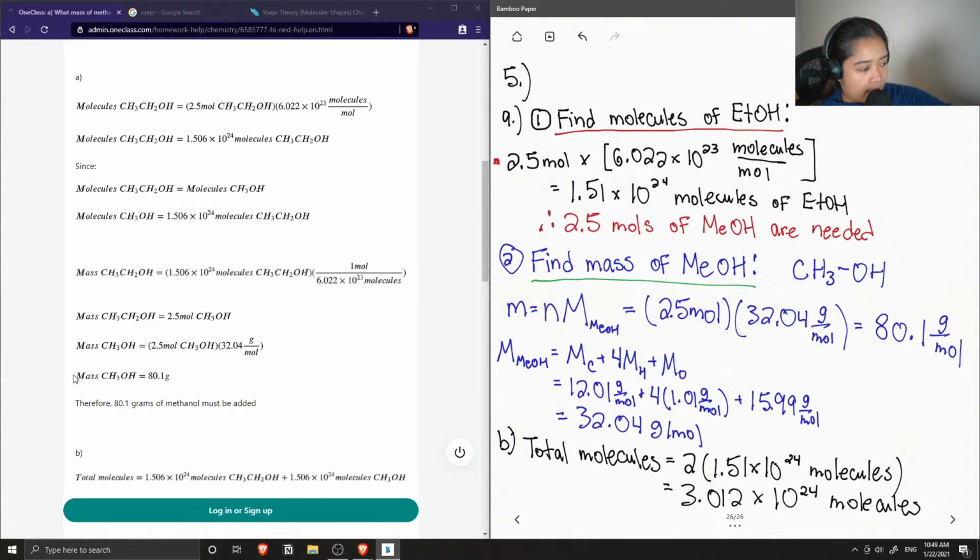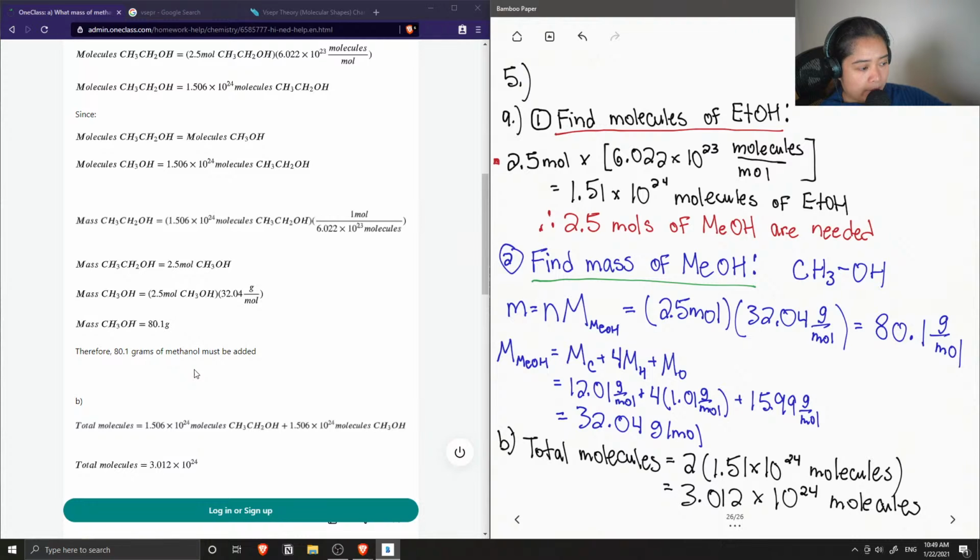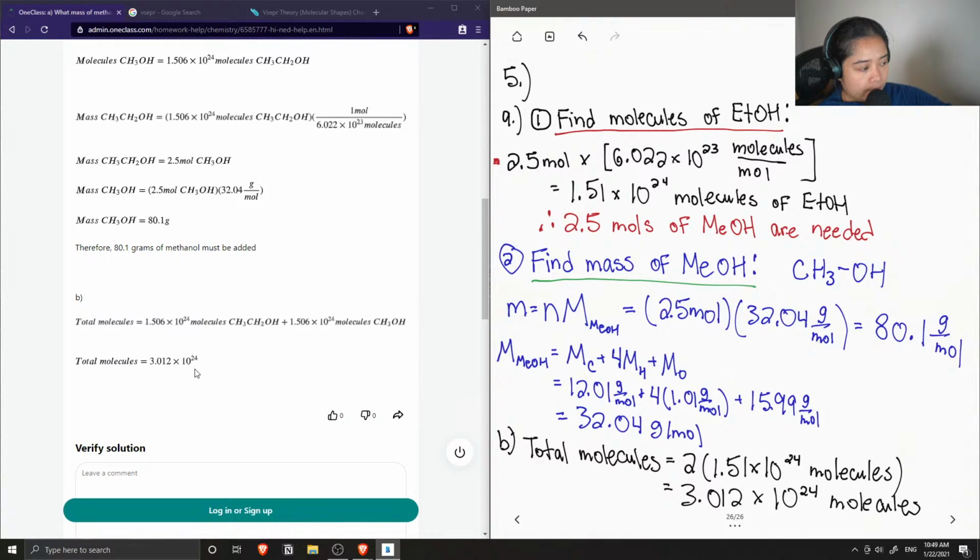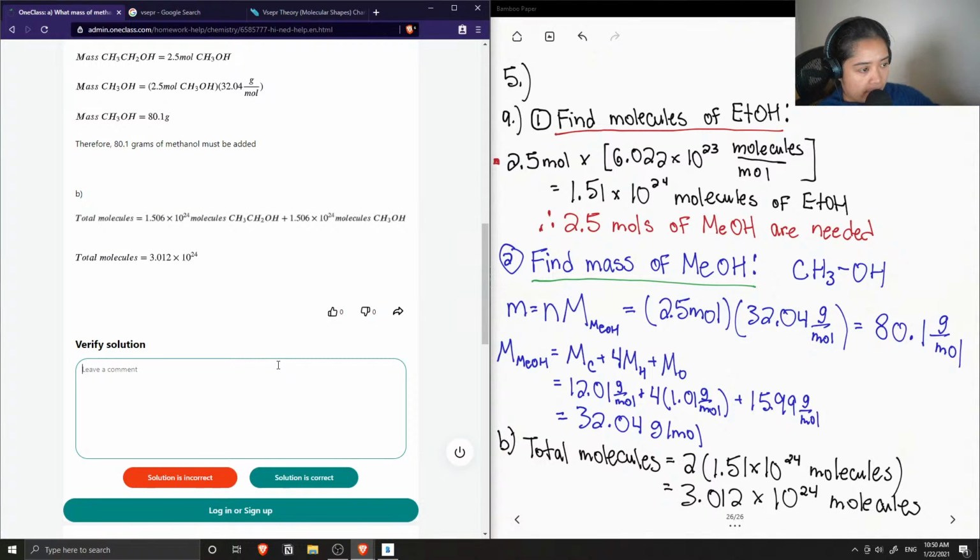Then they calculated the mass by multiplying 2.5 by the molar mass of methanol, and they also got 80.1 grams. For total molecules, they just added those two values up and also got 3.012 times 10 to the 24. Okay, so this solution is correct.